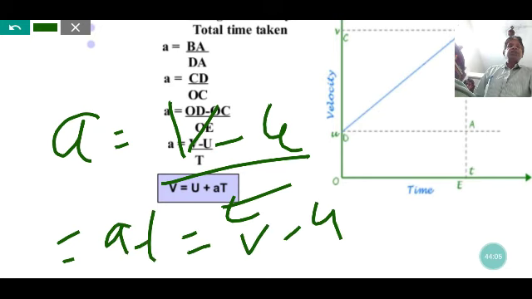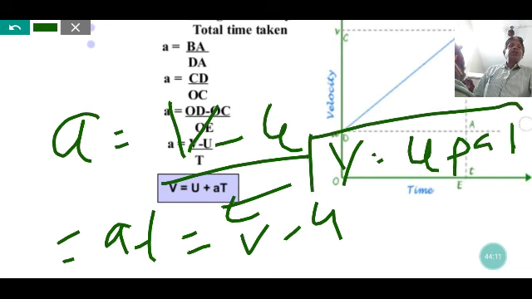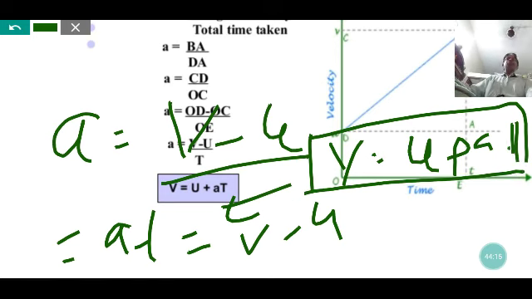That means v is equal to u plus at. That is the first equation. These are very important equations for solving numericals given in the motion chapter. Thank you. In the next slide we will discuss some numericals.